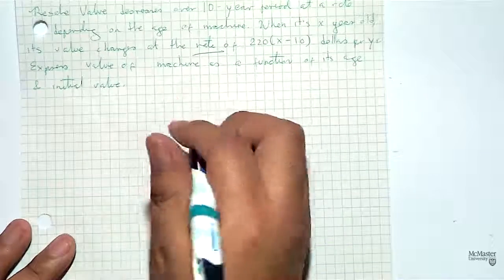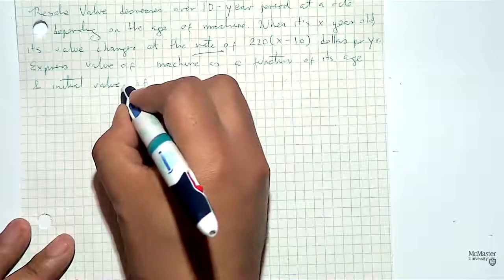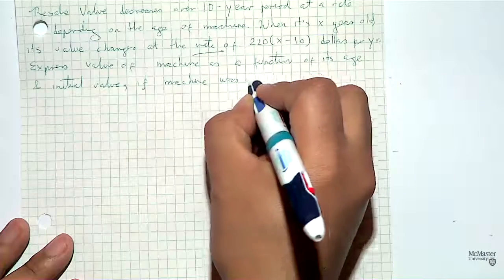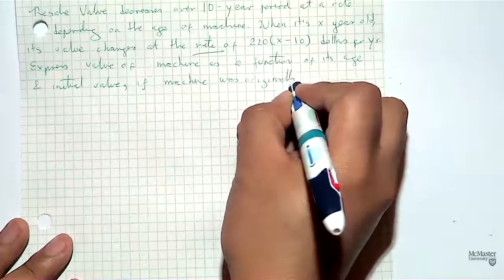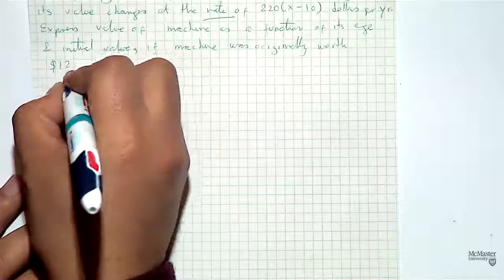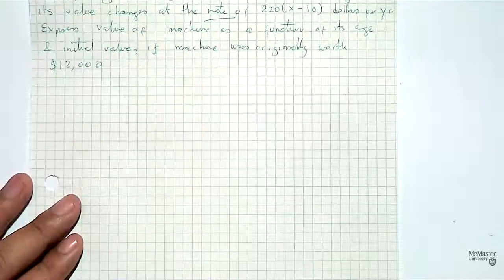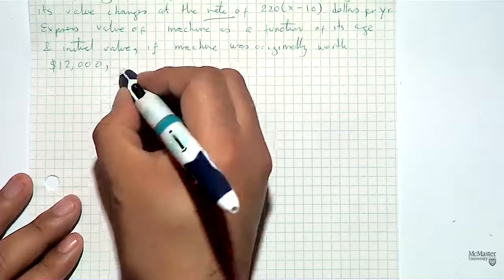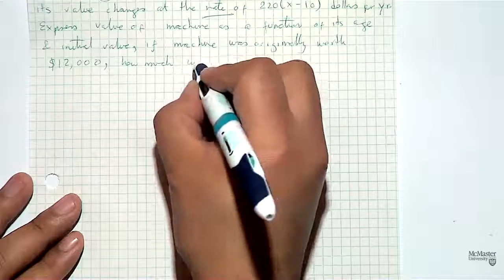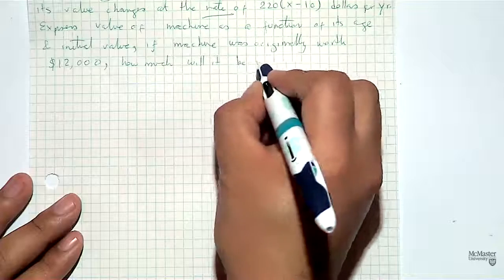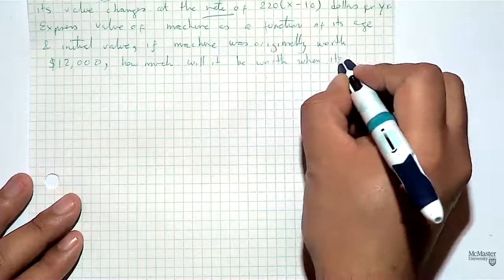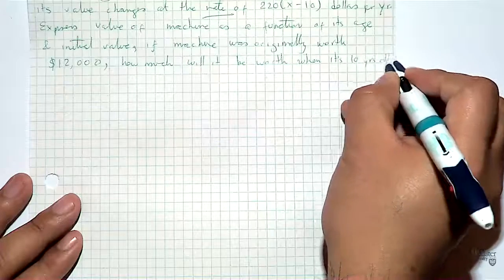Okay, you have to calculate this if the machine was originally worth $12,000. So this is the initial price. And also you have to calculate how much will it be worth when it's 10 years old.